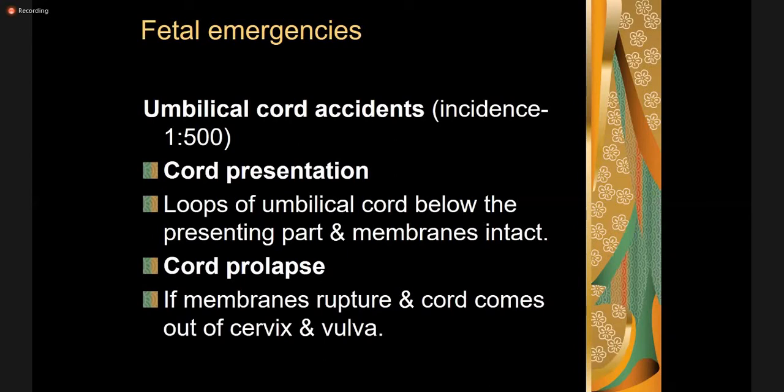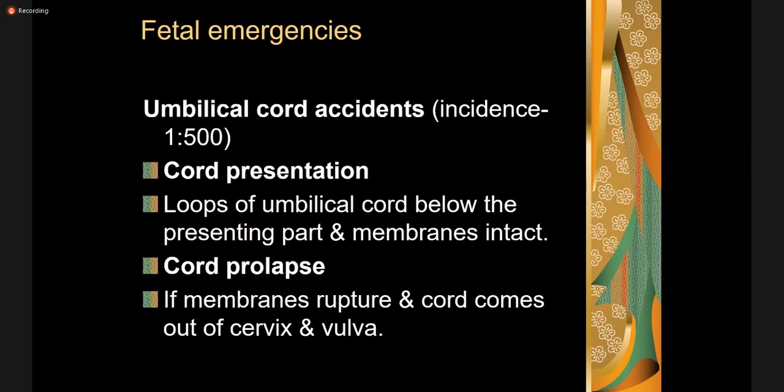So that means anytime the membranes rupture, the cord will come out. If the membranes get ruptured, then it will be cord prolapse. That means cord comes out of the cervix or vulva. Sometimes the patient comes in emergency with cord hanging outside the vulva. And when you take history, they will say that there was a gush of fluid, and then suddenly we feel something soft coming out.